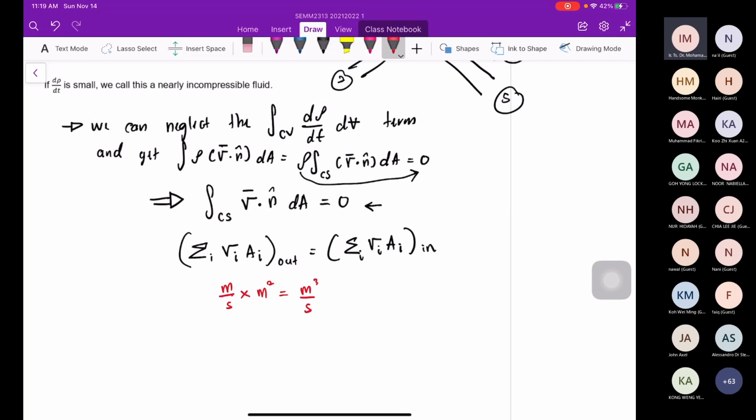Volume. So this is basically a volume flow rate. Rate is per time. So here, the summation of Q out equals the summation of Q in, the volume flow passing through the cross-sectional area.